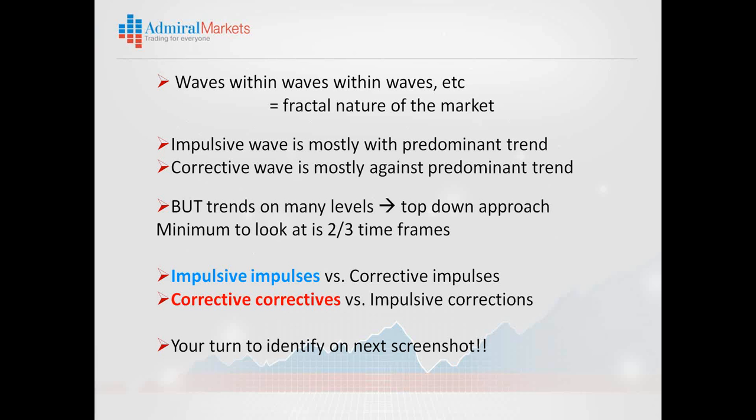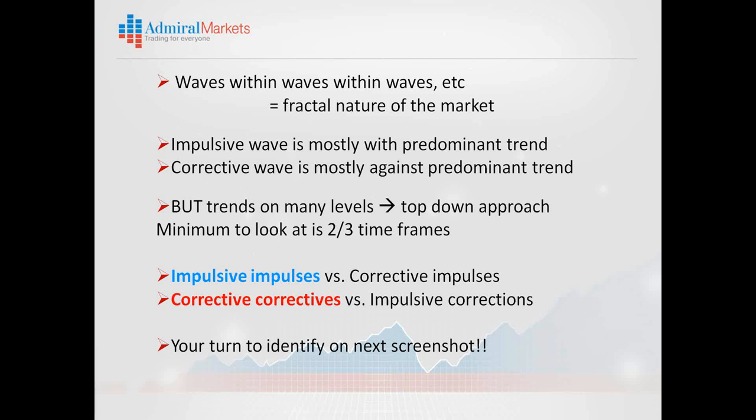The same for correctives: they don't have to be corrective correctives. They can also be impulsive corrections. For example, a fast down move in an uptrend could be an impulsive correction. All right. So you have to get a grasp of that, because what I'm basically trying to trade are more impulsive patterns, right?